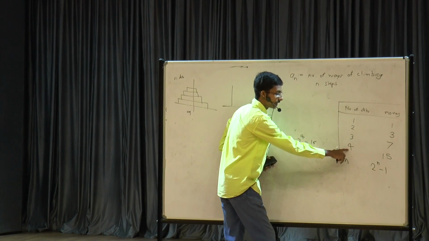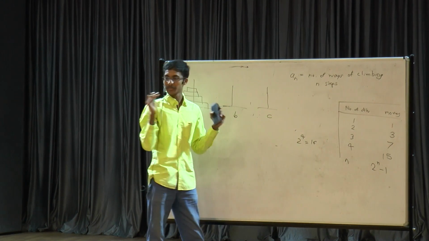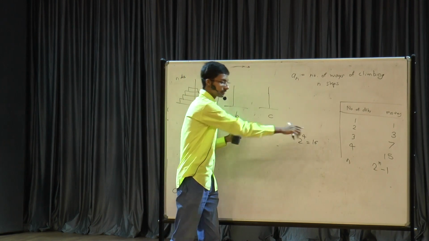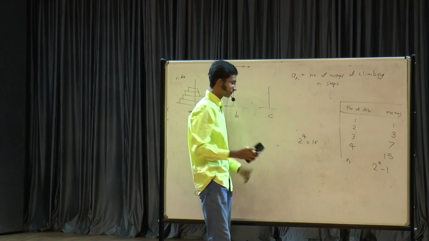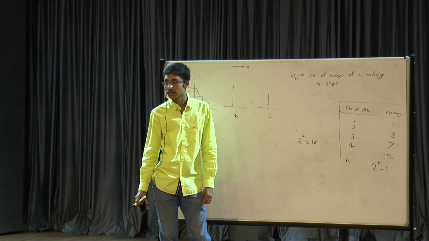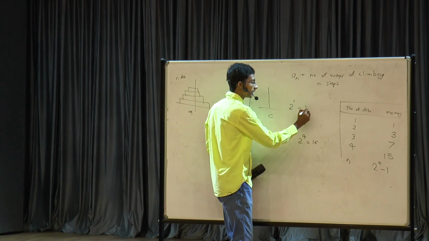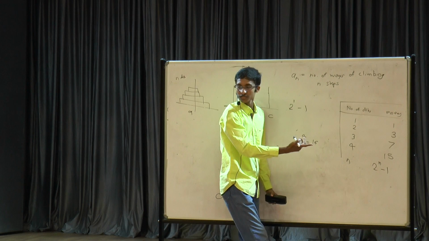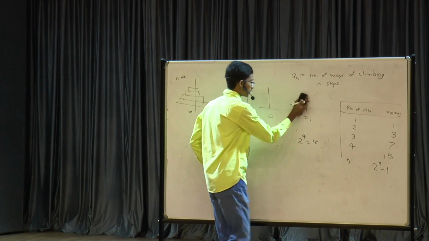For 2 disks, you remember it was 3. So it is 2 power n minus 1. Is your doubt cleared? For 1 disk it's 1, but 2 power 1 is 2. But you have only 1 move, so 2 power 1 minus 1 is 2 minus 1, that's just 1. Okay, great.